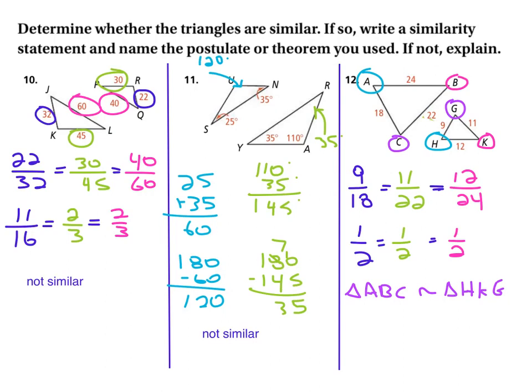As long as you match the correct vertices, it doesn't matter which order the letters are in, they just have to be in the proper order for the second one as well. And what postulate or theorem did we use? We can say we used side, side, side similarity. Done.